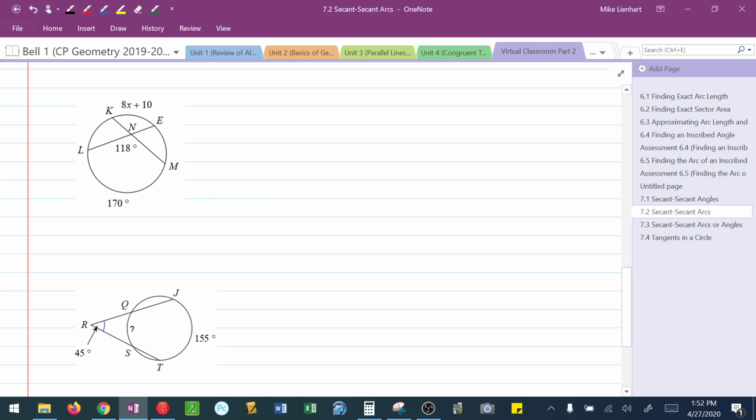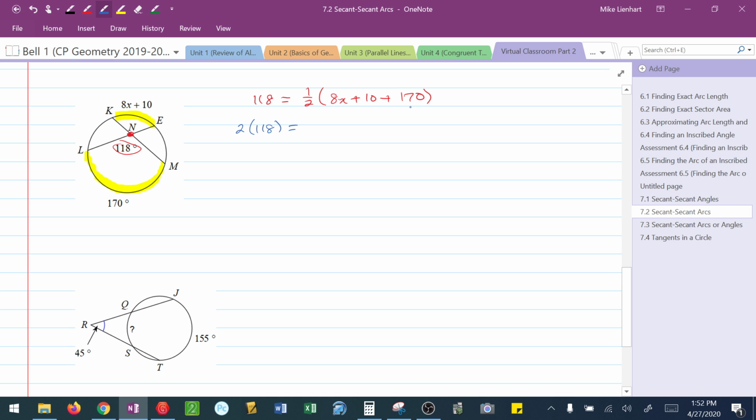All right, take a look at this. Here's our angle. Vertex is in. Here's our arcs. Okay, I know if the vertex is in for a secant, I know that the angle is equal to half the arcs added together. I'm going to move that 1/2 and make it 2 times 118.